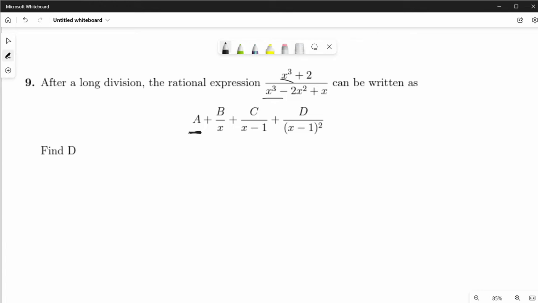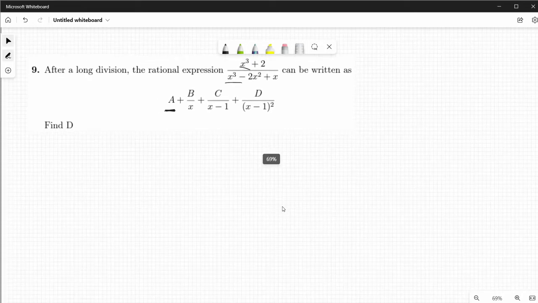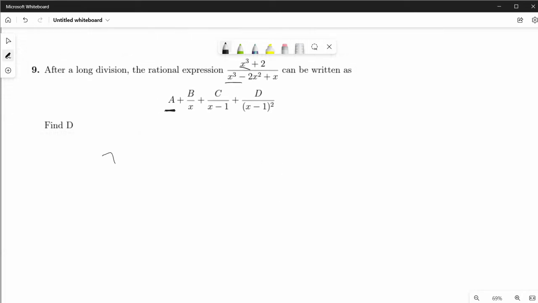So something will definitely divide out. Let's start with the long division. Probably need more space. So long division, x to the third. Actually, I need to write out the other terms: 0x squared plus x, 0x plus 2.